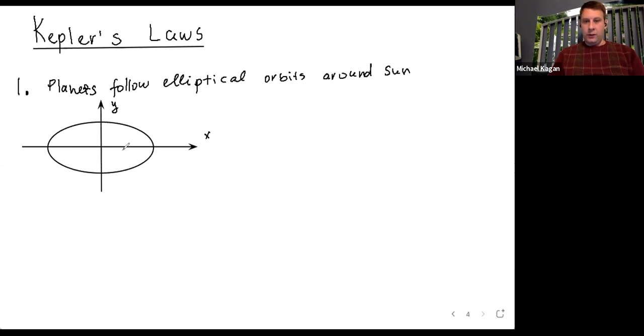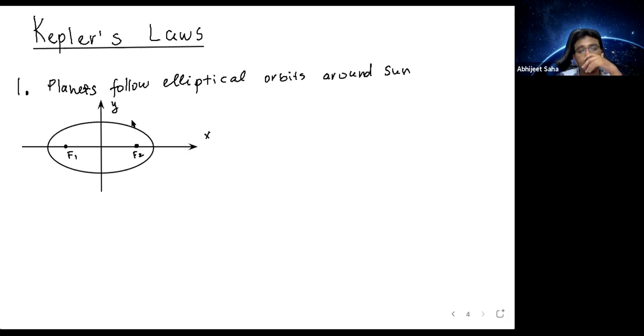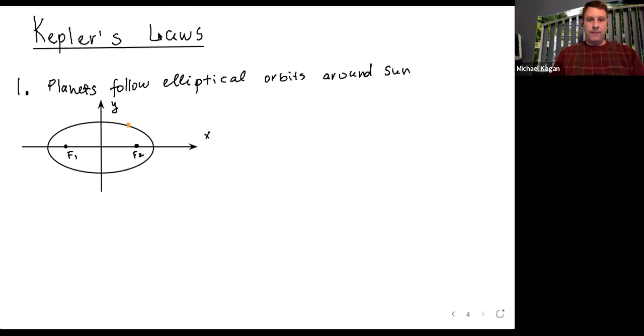And those 2 points are called foci. There are 2 foci, one on the left and one on the right. You can call this F1, and this F2. So exactly as Alvin said, if you pick a random point on the ellipse, then these 2 distances add up to a fixed value.